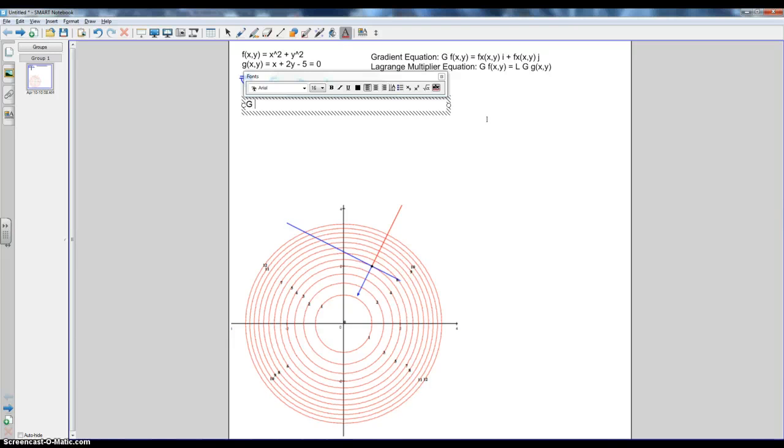The gradient of f(x,y) equals 2x times i plus 2y times j, and the gradient of g(x,y) equals i plus 2j. So that is step 1.